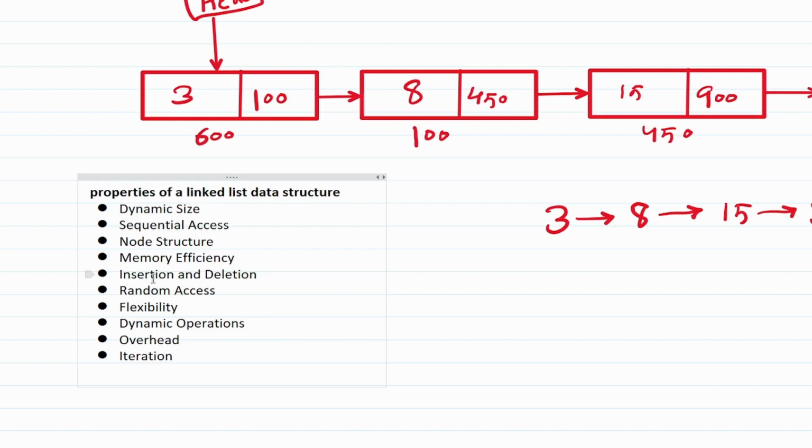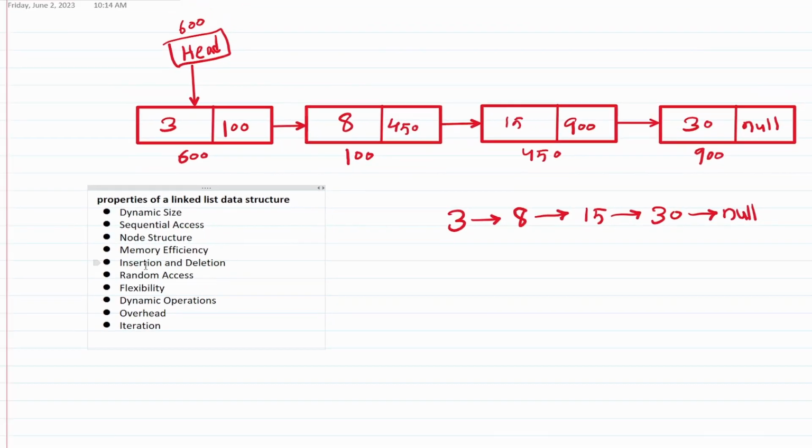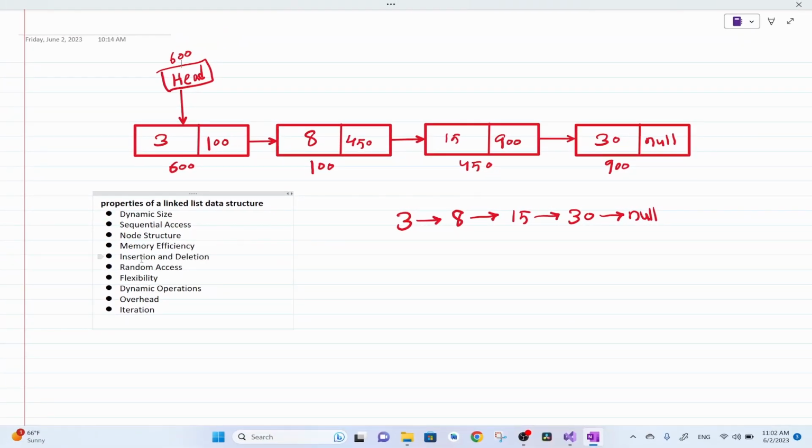Basically, inserting or deleting an element at the beginning or end of a linked list can be done efficiently by adjusting the pointers. So if we have a pointer at the head of the linked list, and also a pointer to the tail or end of the linked list, we can add at the beginning and the end of the linked list in constant time, or big O of 1.